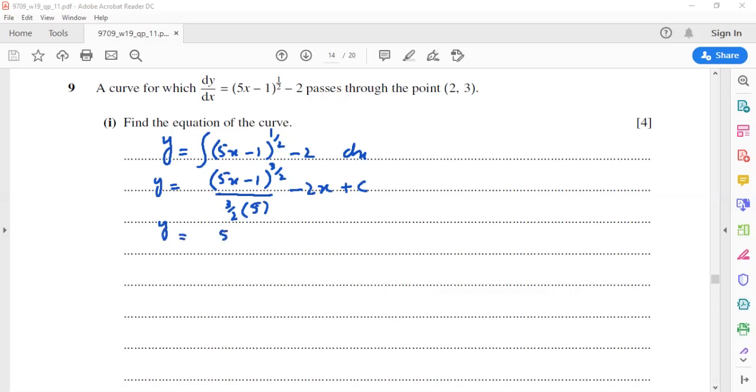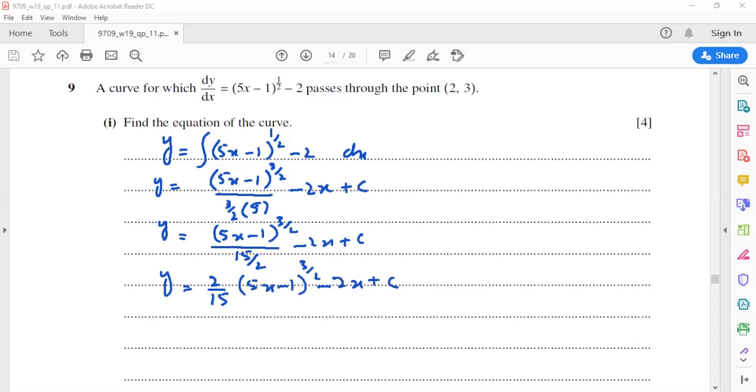This is (5x minus 1) power 3 over 2 divided by 15 over 2, minus 2x plus c. So y is equal to 2 over 15, because this 2 will go up, (5x minus 1) power 3 over 2 minus 2x plus c.